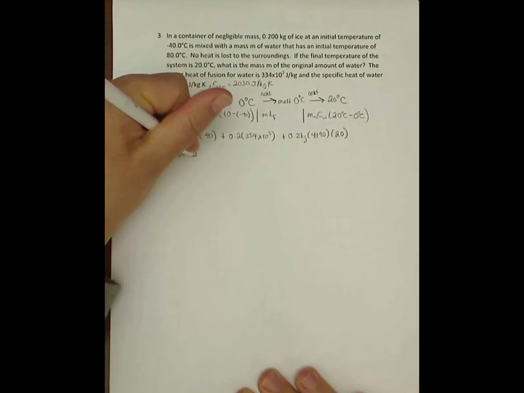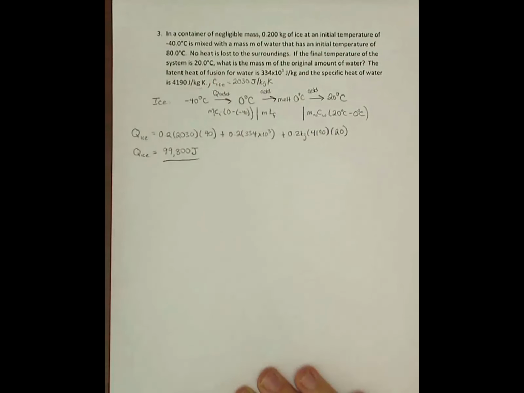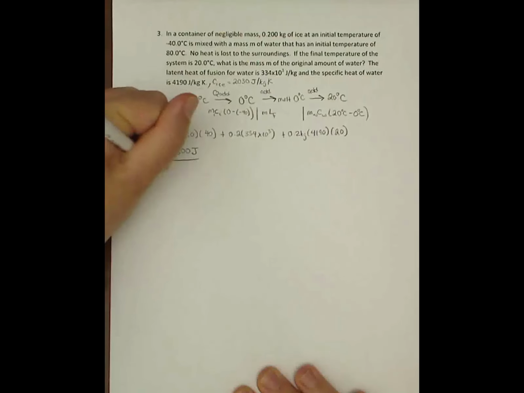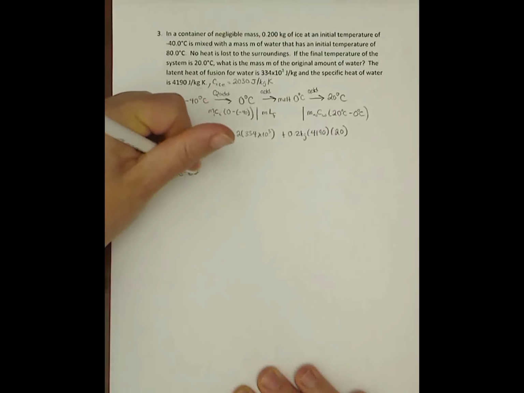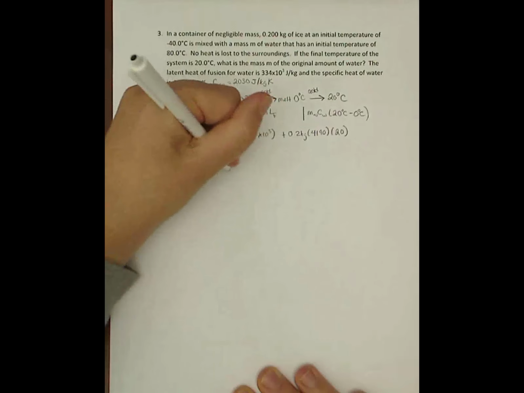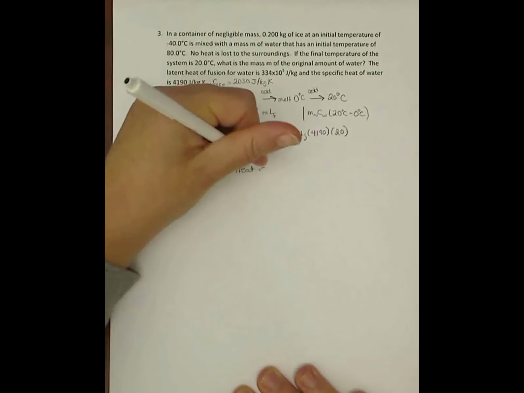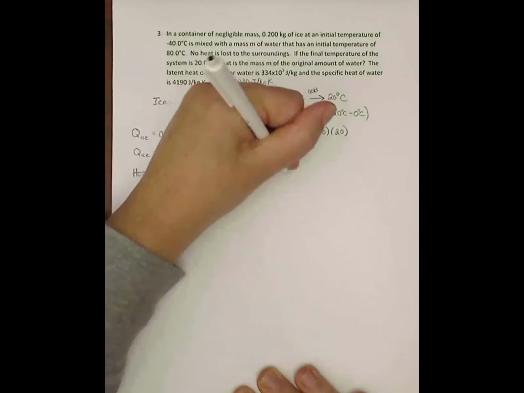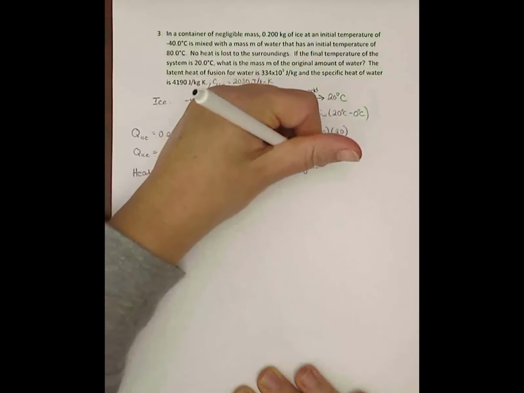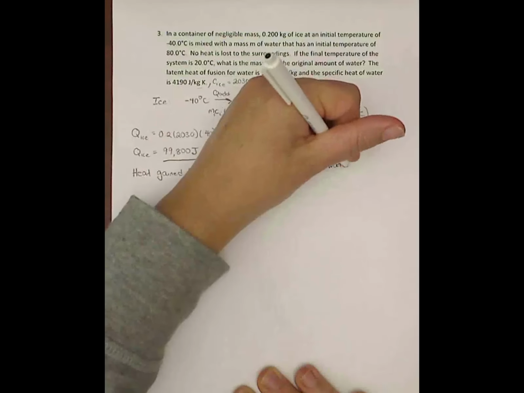99,800 joules. Now, if no heat is lost to the surroundings, the amount of heat that's put into the ice must be the amount of heat that's lost by the original amount of water. Okay, so let's write that down. So the heat gained by the ice has to be equal to the heat lost by the original water.